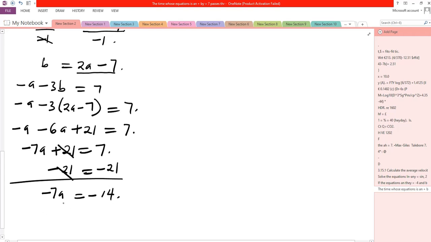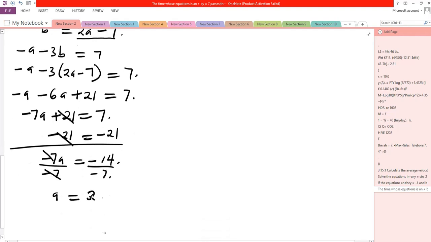So we need to isolate a so that a will be alone. To do that, we divide all through by minus 7. So this will cancel out. You are left with a. Minus 14 divided by minus 7, you have plus 2.